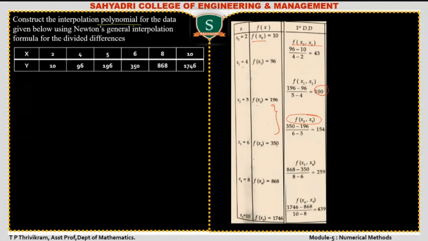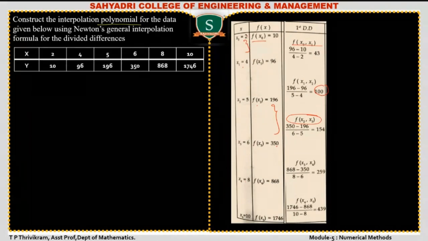Similarly, 8 minus 6 is 2, and 868 minus 350 divided by 2 gives 259. If you observe the difference between the x values, the first pair is 4 minus 2, which is 2.